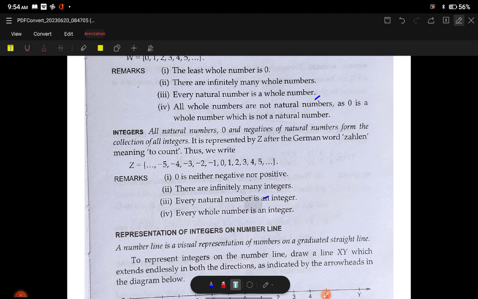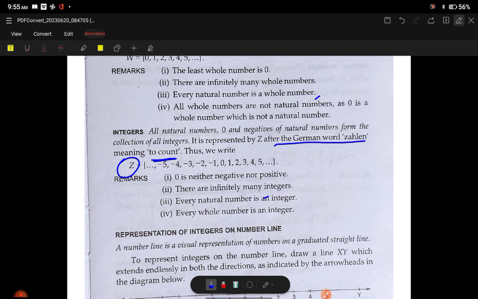integers. Integer is denoted by Z. Why not I? Because I denotes the set of imaginary numbers, which you will get in higher classes. But integers are denoted by Z. This Z comes from the German word Zahlen, which means to count something.